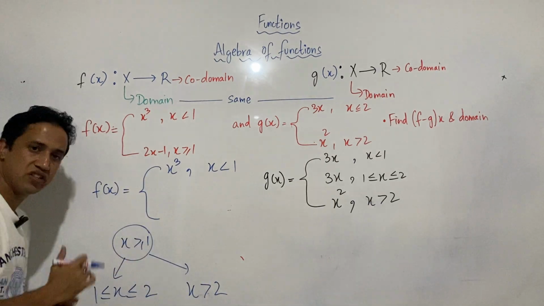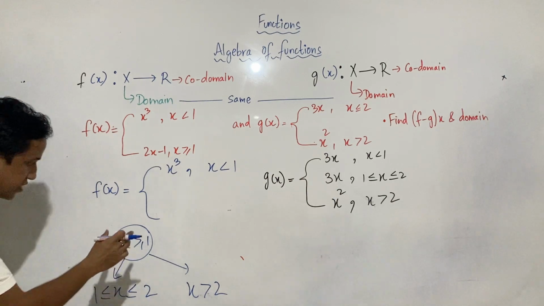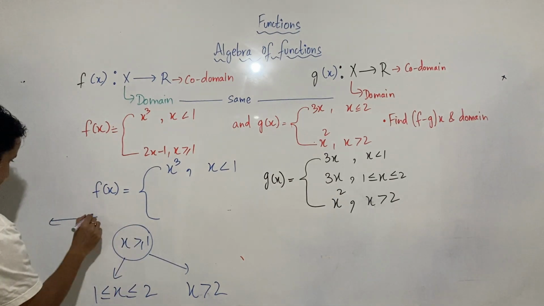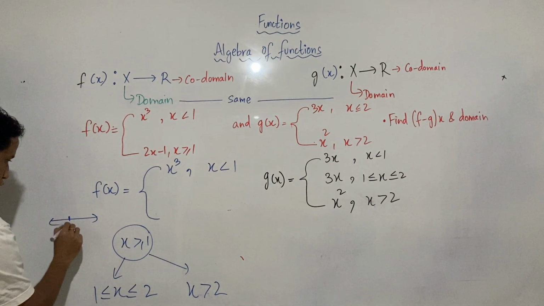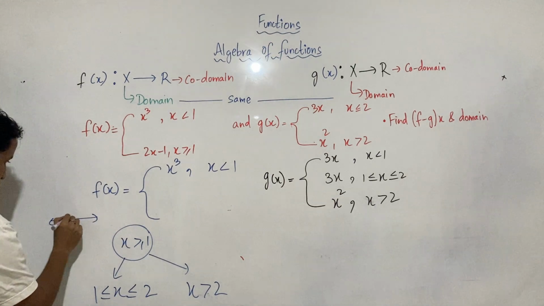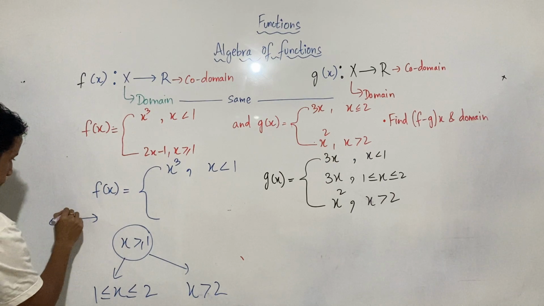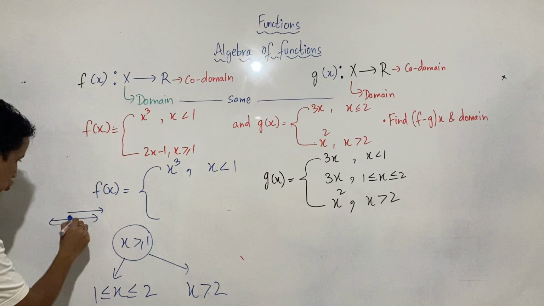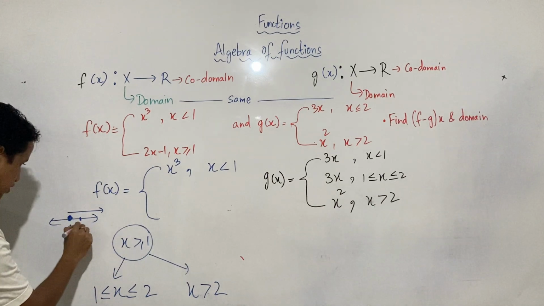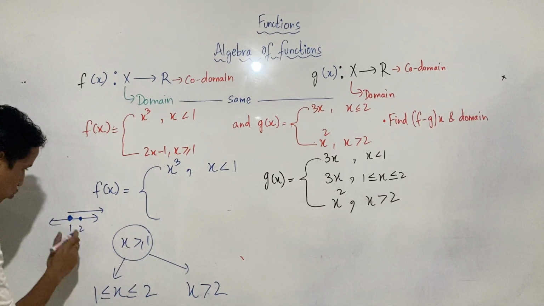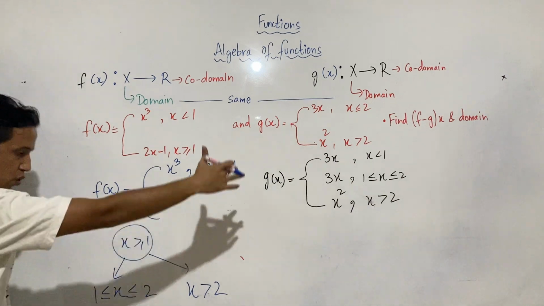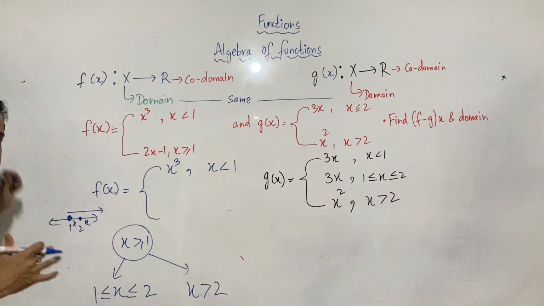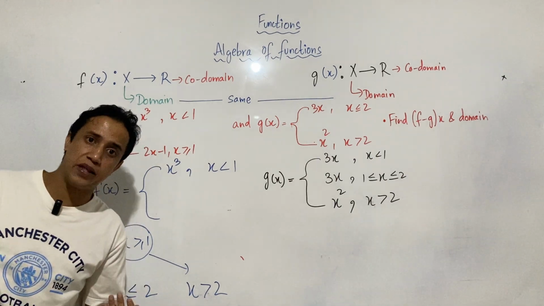See here, it means the same thing, right? Why? Because here x is greater than 1. So basically what he's trying to say is that this is 1. So x goes from 1 to infinity, and here it's a solid dot, means 1 is included. So what I have said is that between 1 to 2, this is 2, it's going to be x, and when x is greater than 2, the definition is still going to be x. So it means I am just saying the same thing, right?